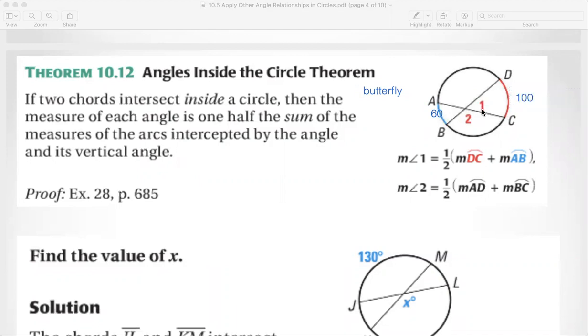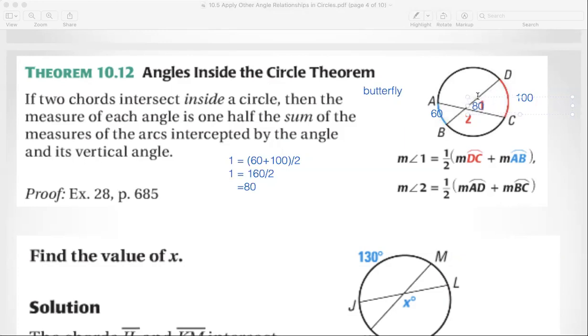So to find angle 1 would equal the average of 60 plus 100 divided by 2, because you would average them. So angle 1 would equal 160 divided by 2, which would equal 80 degrees. So this angle here is 80 degrees.